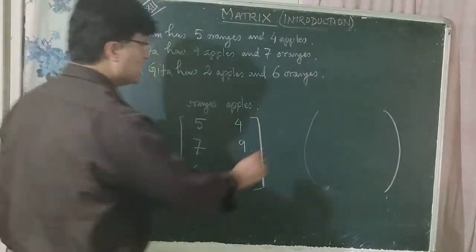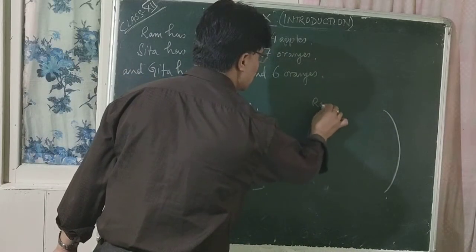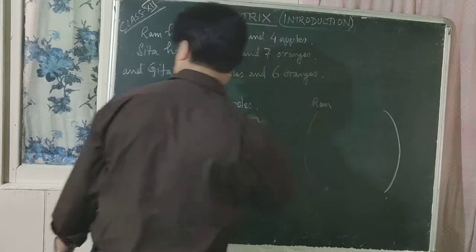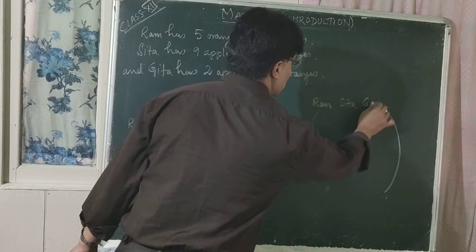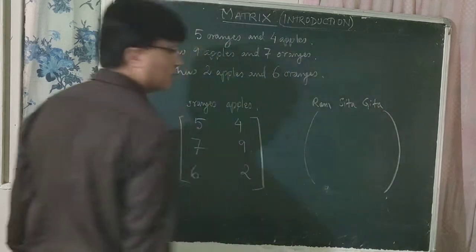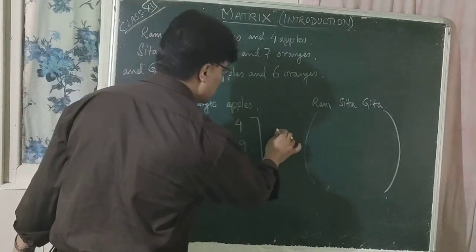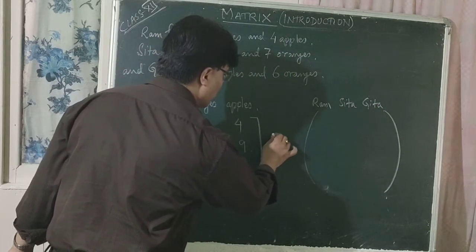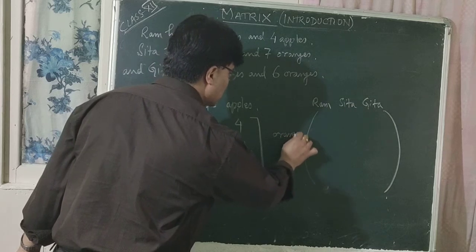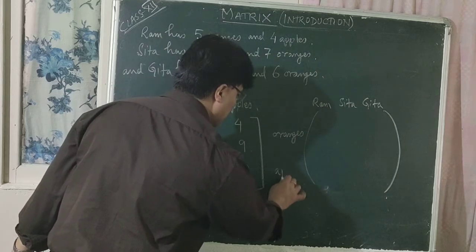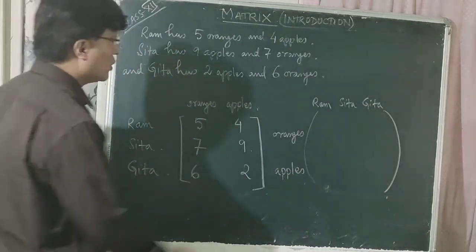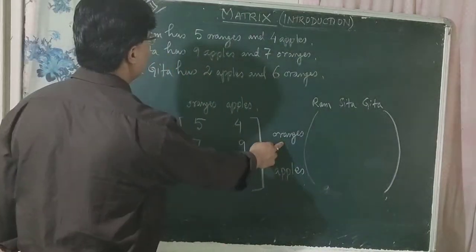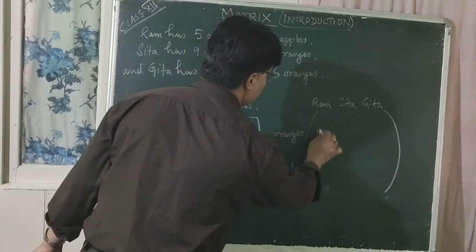So now you can write here the name of the persons, Ram, then Sita, then Geeta, right? And here you can write the name of the fruits, that is oranges, and this is apples, right? So how many oranges does Ram have? 5 oranges.